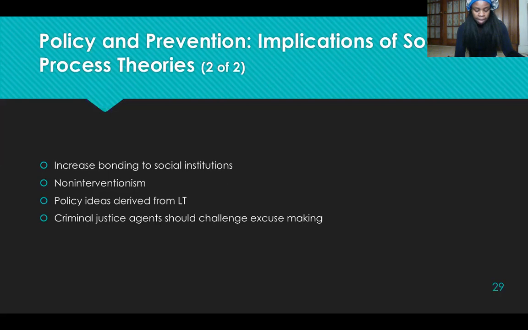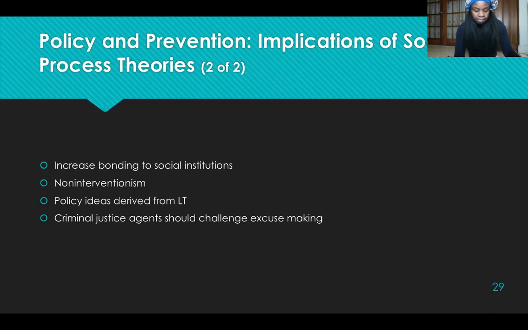If the causes of primary deviance are secondary to the labeling process, preventative efforts should focus on non-interventionism. Labeling theory recommends that we allow offenders to protect their self-image as non-criminals by not challenging their techniques of neutralization. Useful policy ideas derived from labeling theory include the decriminalization of mala prohibita crimes, juvenile diversion programs, and keeping non-serious offenders out of jails and prisons.